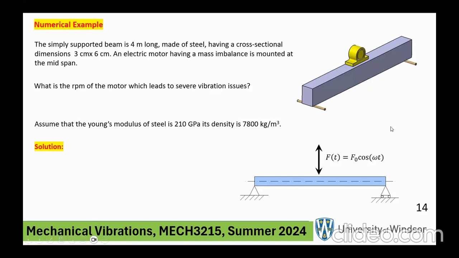Now, this is why I said harmonic forces are not that unusual. In fact, motors with imbalances will create that harmonic force. It says, at what speed, at what RPM, do we expect wild oscillations of this simply supported beam?